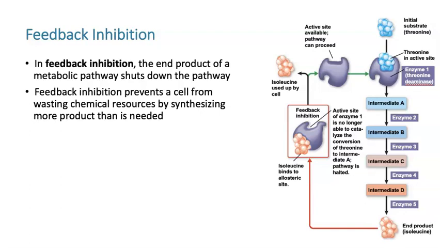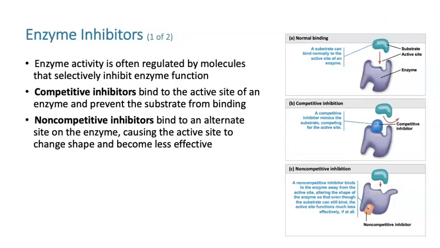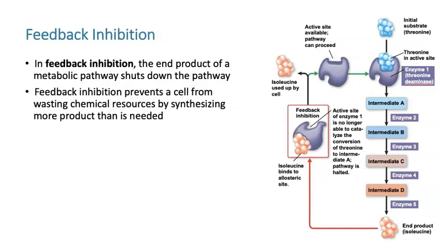That's not a term I used before, but if I were to go back and look at where that non-competitive inhibitor joins up, that's also called the allosteric site. So if we go back to here and think about this feedback inhibition, such a cool concept.